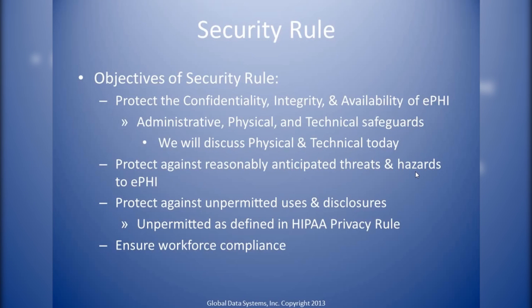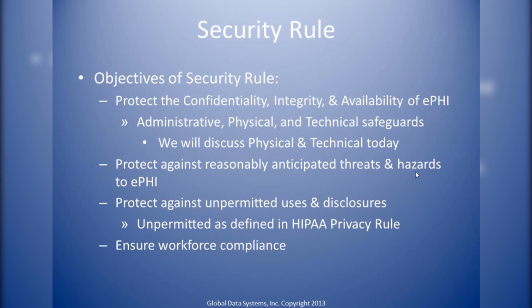We already discussed administrative safeguards in a previous webinar, and now we're going to focus on physical and technical. Most of the safeguards in the rule are administrative, and we just barely got through it, as I recall, in the hour that we had. The physical and technical safeguards I combined because there's much fewer of them, and I'm pretty confident that we'll get through them all in the hour and still have some time for questions and answers.